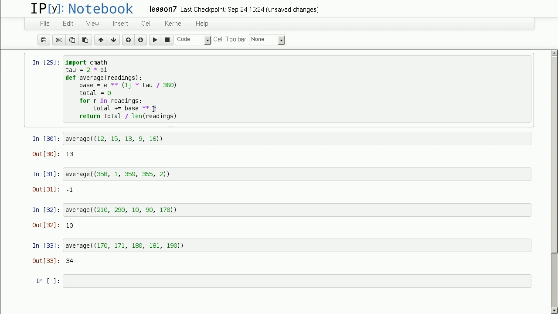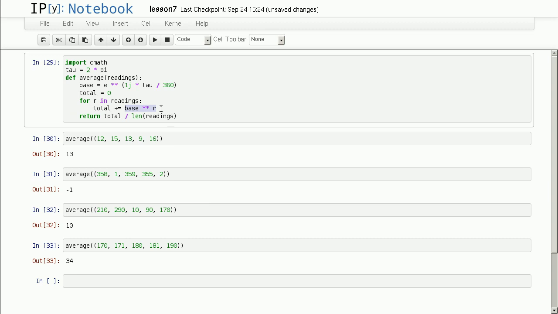So if r is 1 degree, then I'm adding the complex number, or the vector that goes from the origin to that point that is 1 degree around the unit circle. If r is 45 degrees, then base to the 45th power is the complex number that is 45 degrees around the unit circle.